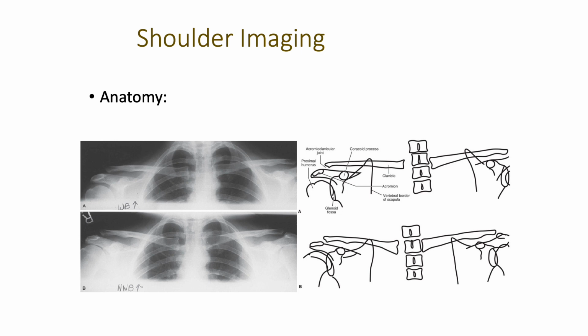We can still see not just that AC joint. And I don't want you to think that we're only going to look at the AC joint here, because we can still see the acromion, we can still see the coracoid process, we can still see a lot of stuff. But realize that the weighted view for the AC joint is skewed towards viewing that AC joint, but it's not the only thing we can see.